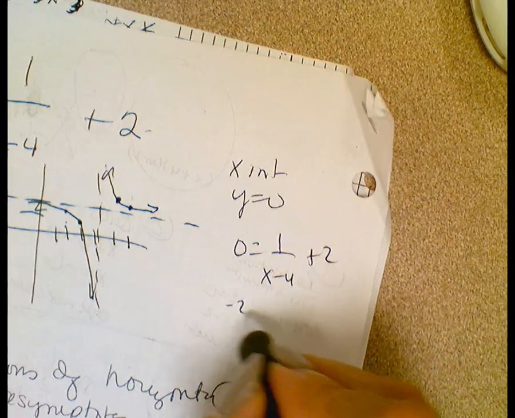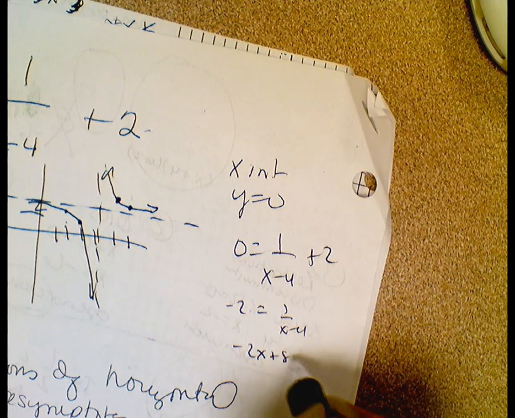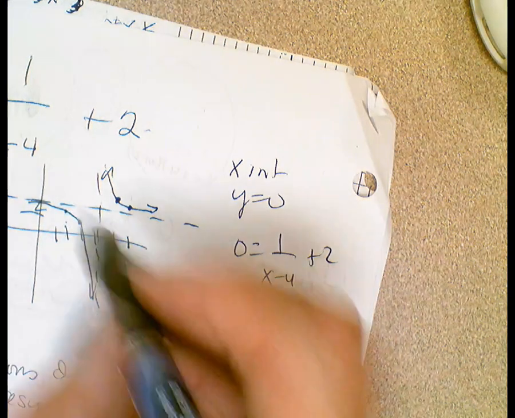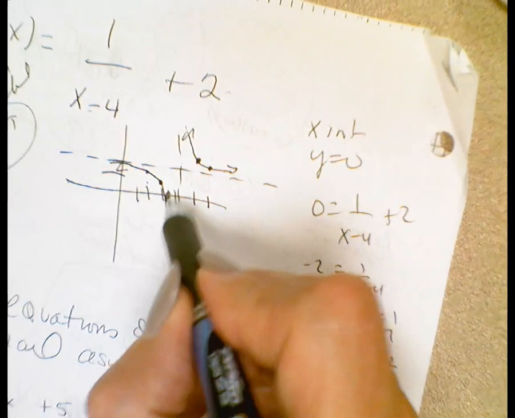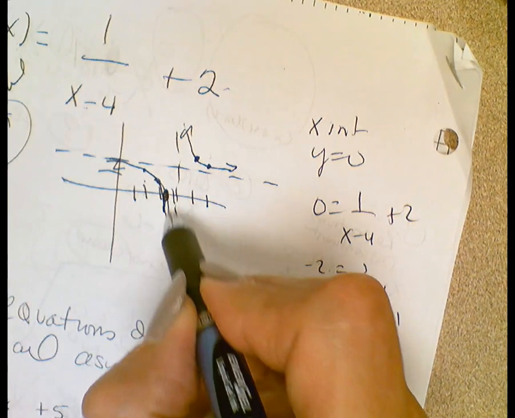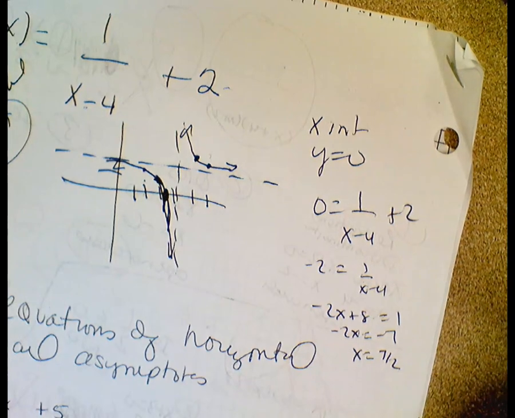Subtract 2. Cross multiply. Subtract 8, divide by 2. So 7 halves and 0. That's 3 1/2. So it looks like it on my graph. It's right here. 3 1/2 is the x-intercept. So I'd want to make sure that's going through 3 1/2.